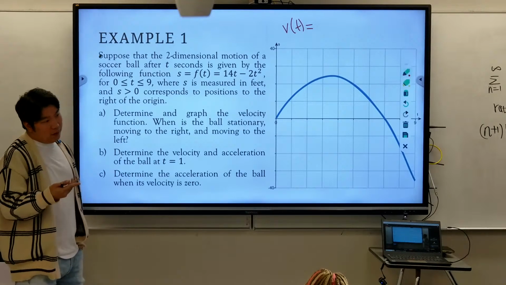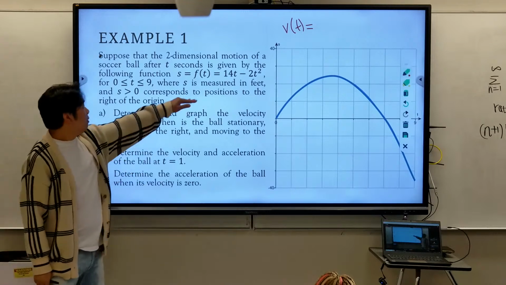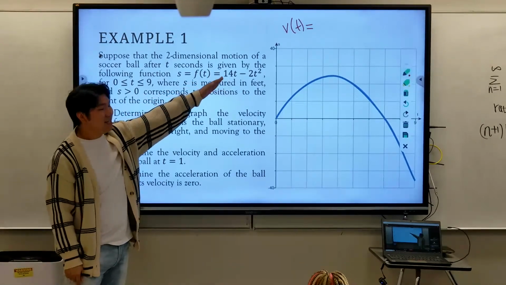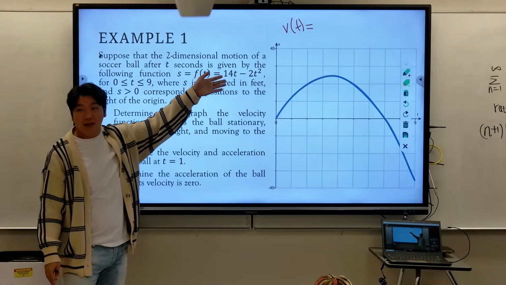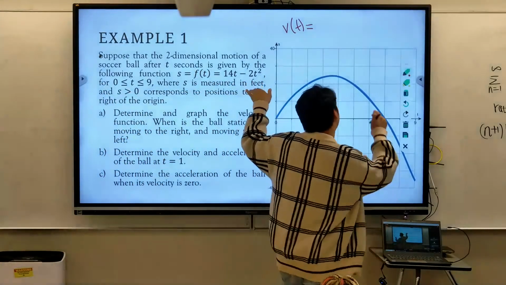So yeah, to get velocity, we just need to take the derivative of position. So here's position, right? 14t minus 2t squared. I just need the derivative to get velocity. So what's the derivative of that s function?